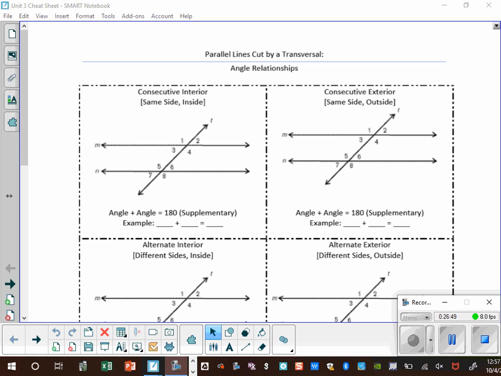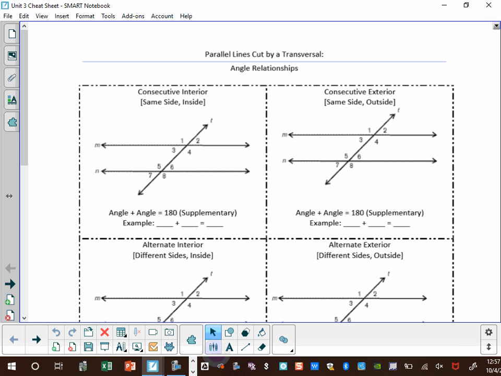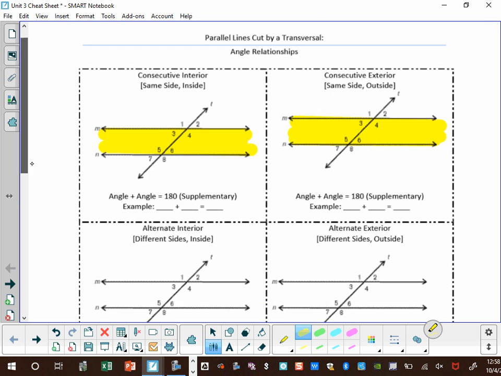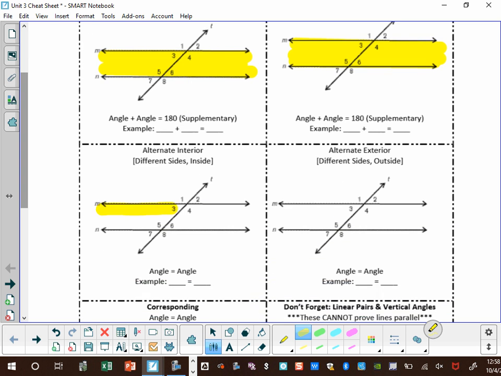All right, so take your highlighters and highlight the interior here. You can do the interior of all of them while you're at it. For now, just leave your packet out still. I just want you to highlight the interior.